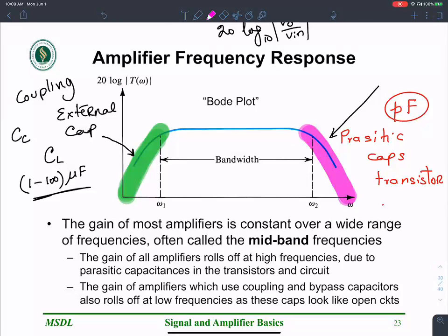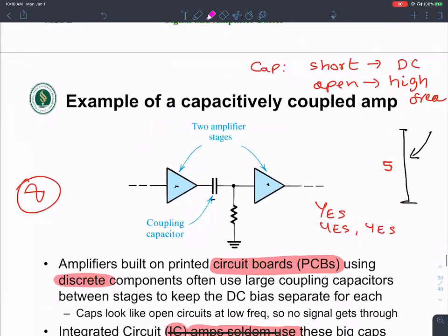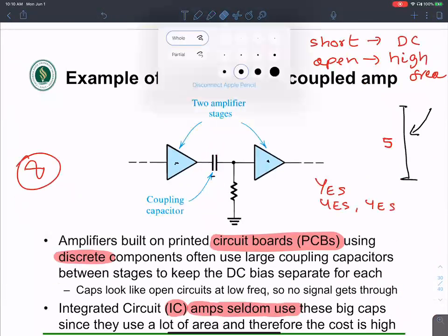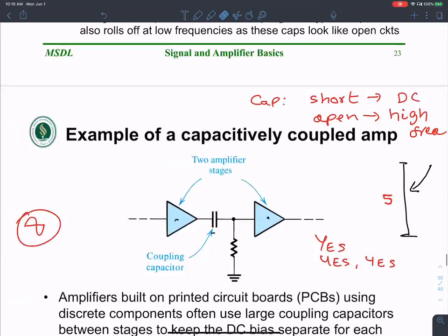The one on the left is brought about by external capacitances, and by external capacitances I mean something like this, the coupling capacitance that's used for coupling AC and blocking DC. We looked at all of that in the last class.